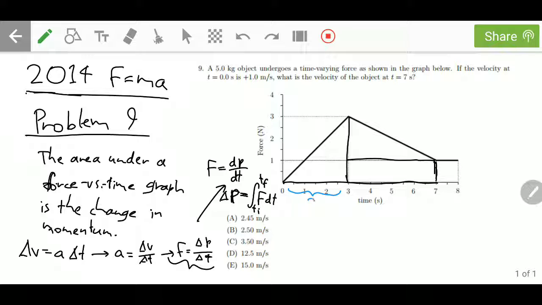Everything is in SI units, so I know that everything will be in newton seconds, and a newton is kilogram meter per second squared. So I know everything is going to be in kilogram meters per second. So we have a base of 3 and a height of 3. So this triangle is going to have area 9 over 2, or let me write 4.5. That will probably be easier to work in decimal.